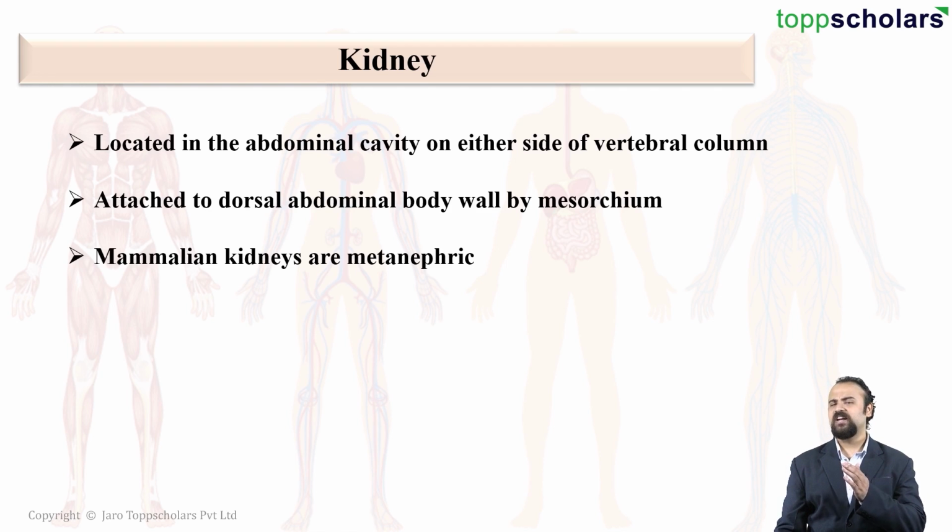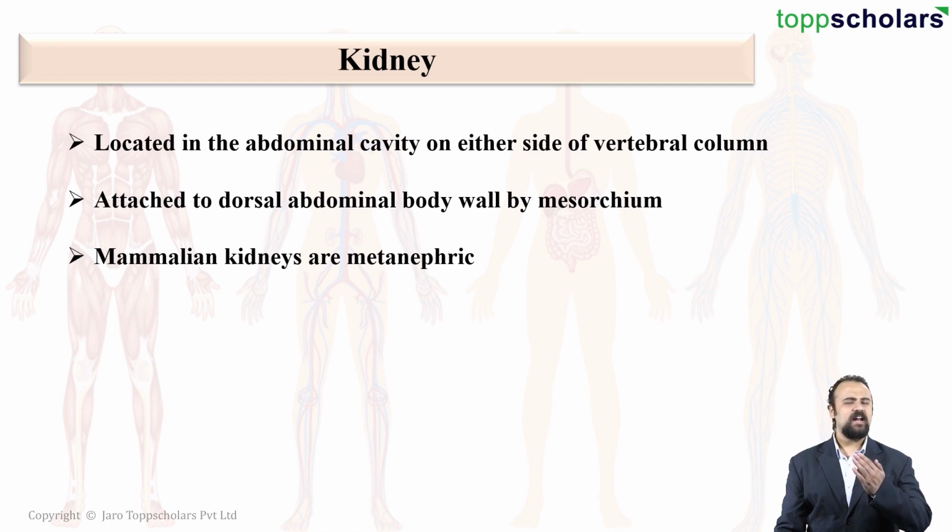Now let us understand this word. Students, when I use the word metanephric, I am talking about the evolution or the stage of development the kidney is showing. In very less developed organisms, the kidneys are pronephric. In comparatively developed organisms, let us say in case of amphibians, the kidneys are mesonephric.